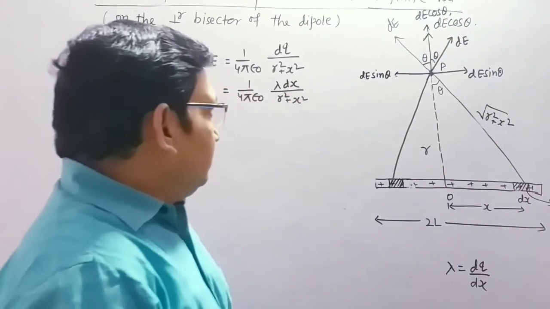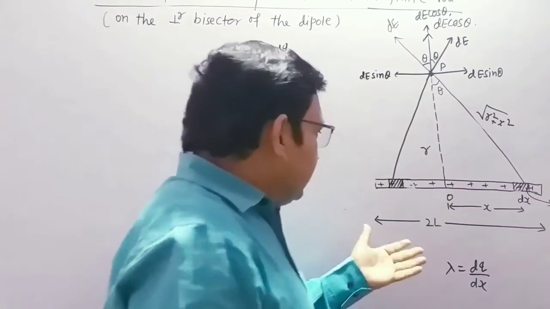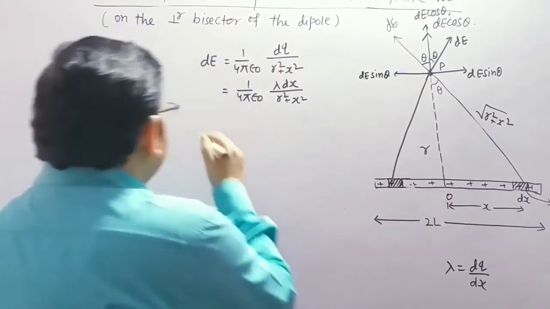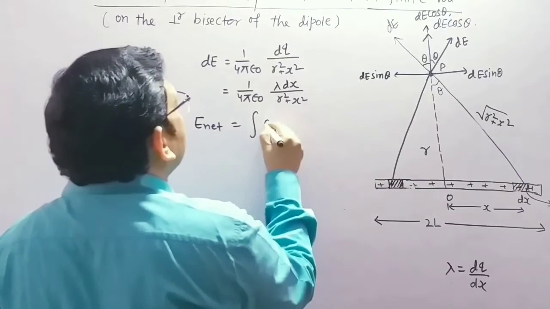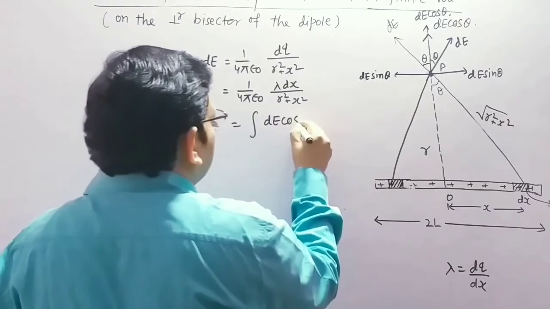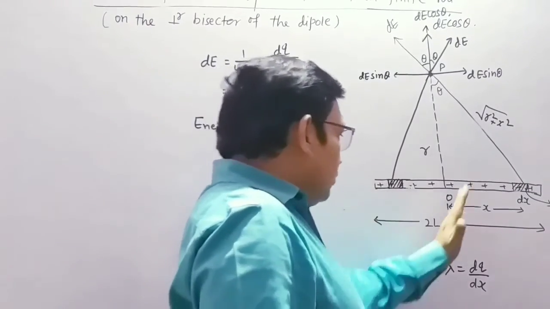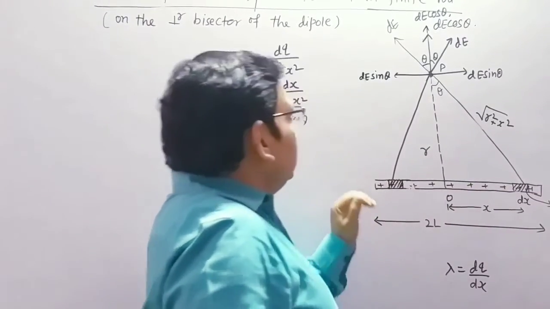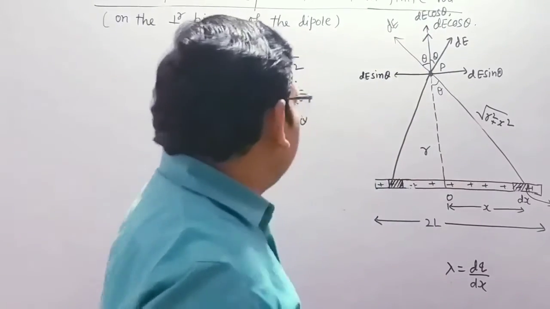By symmetry, the horizontal components cancel out each other and the net electric field is in the vertical direction. So the electric field net can be written as the integration of dE cos theta, because for each pair of opposite elements on both sides of O, the vertical components add up and the horizontal components cancel out each other.